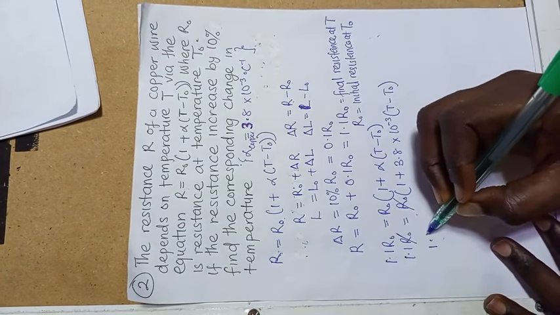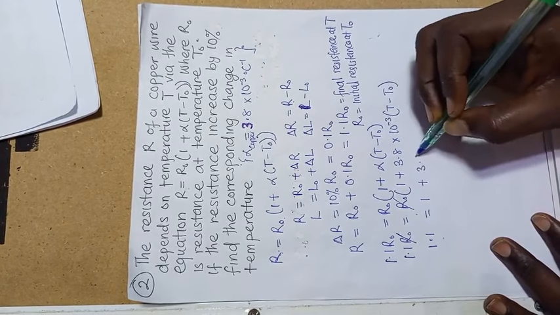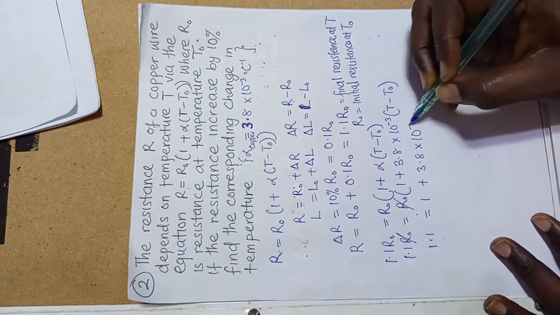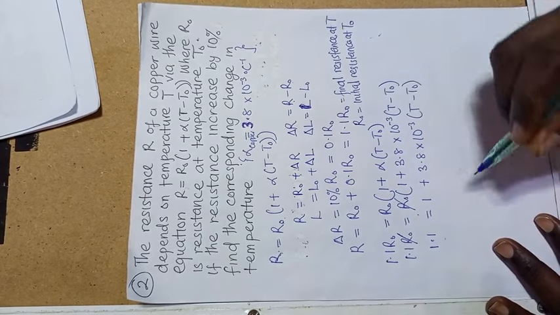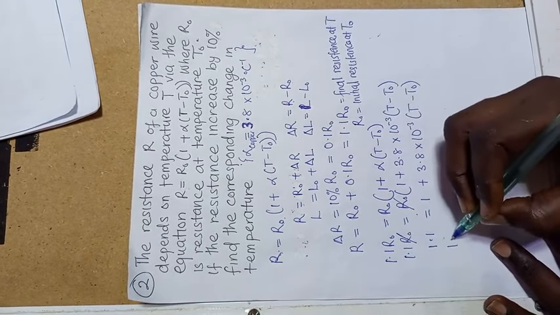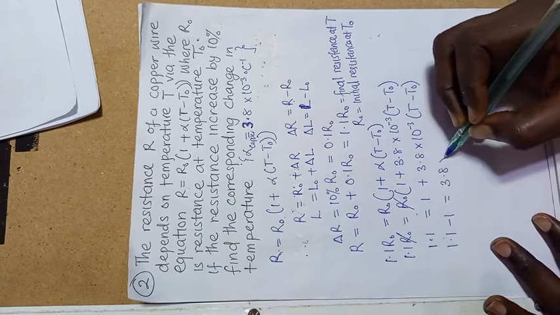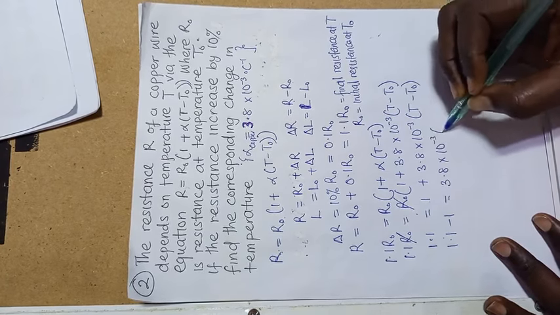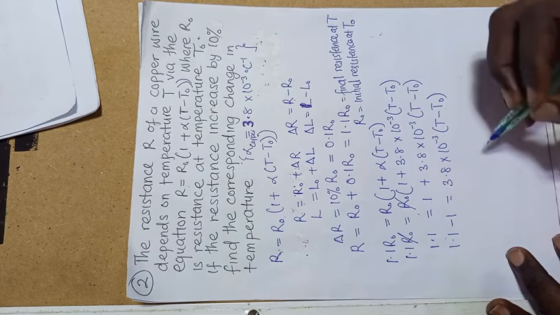So I will be left with 1.1 equals 1 plus 3.8 times 10 raised to the power of minus 3 into T minus T naught. So let's take this 1 here. I would have 1.1 minus 1 equals 3.8 times 10 to the power of minus 3 into T minus T naught.